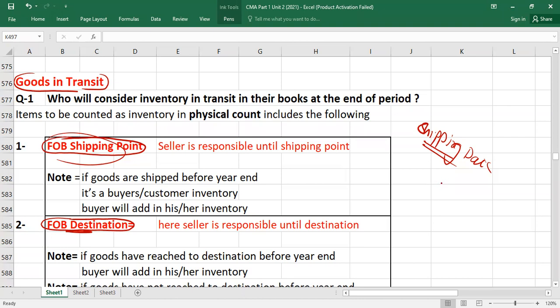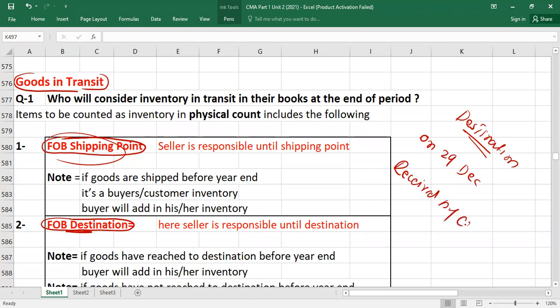Okay, now I'm asking you, for example, goods are shipped on 29th December, but received by the customer on 5th January of next year.